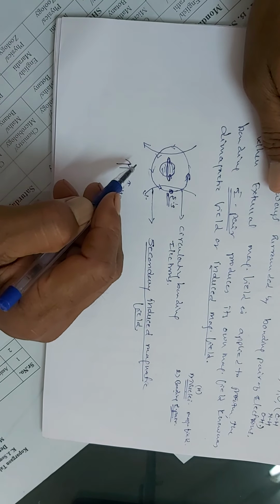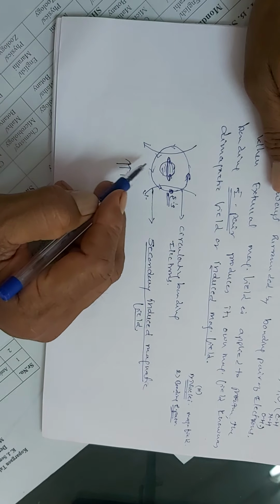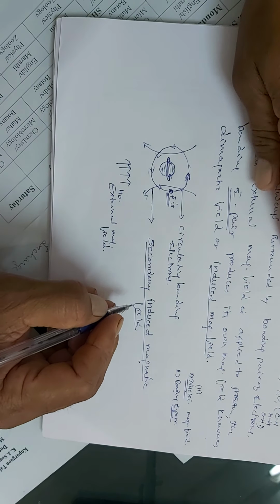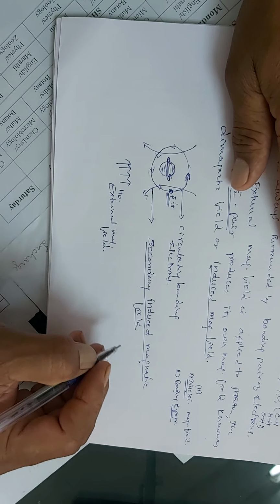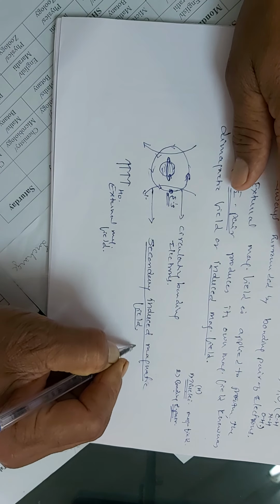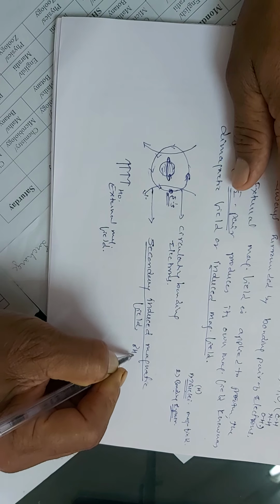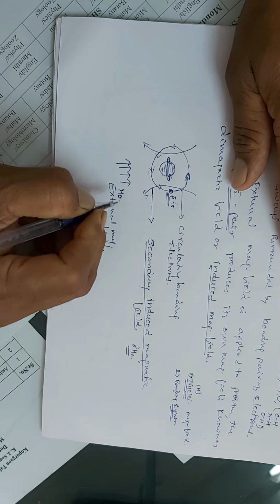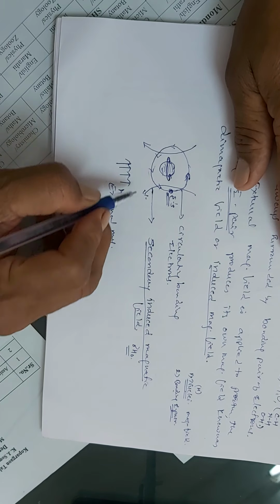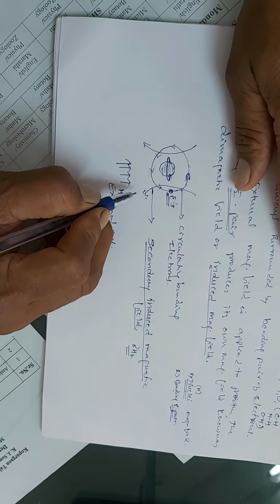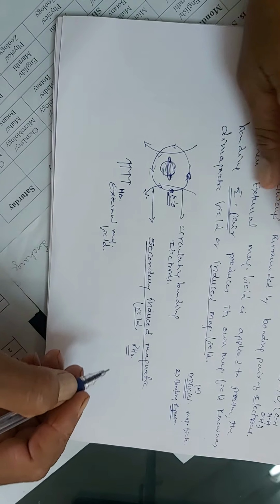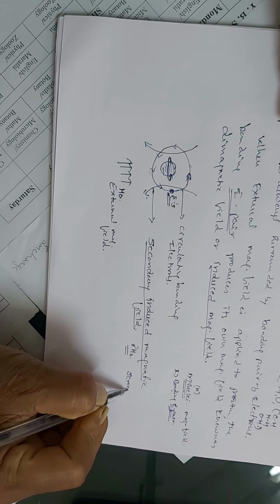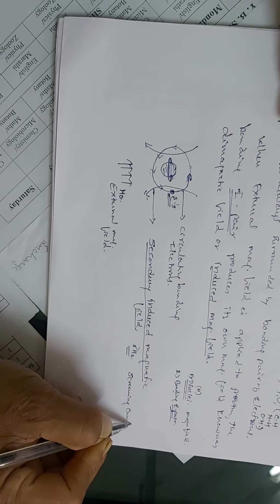It is indicated by rho H0, where the external magnetic field is H0, and the magnitude of the induced magnetic field is also termed the screening constant.